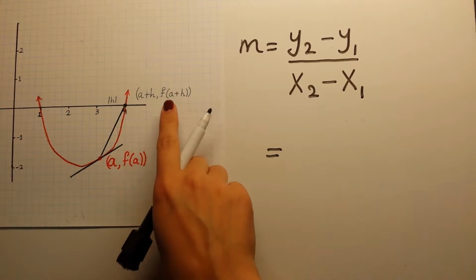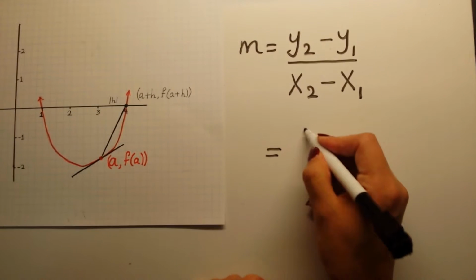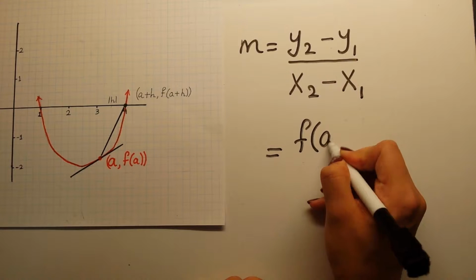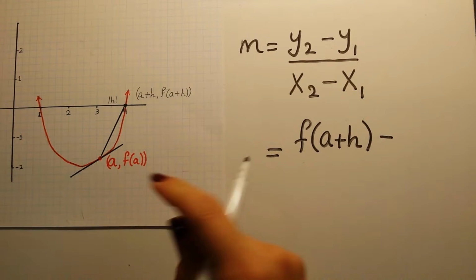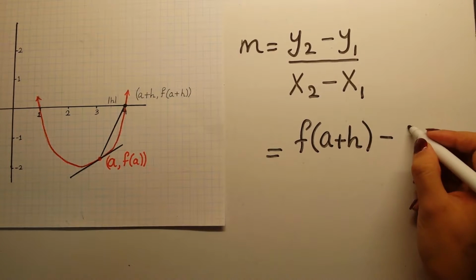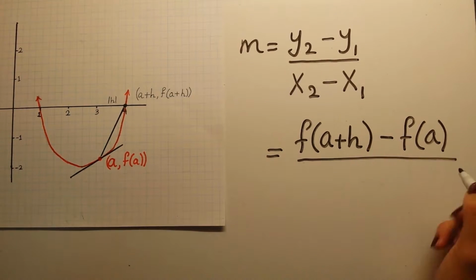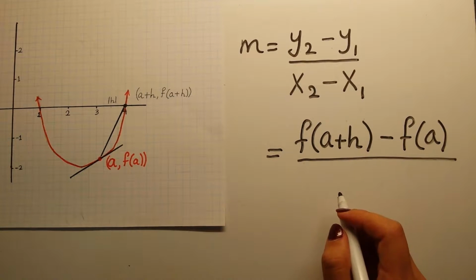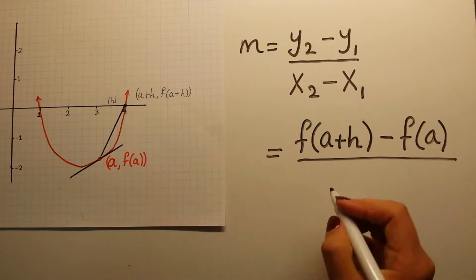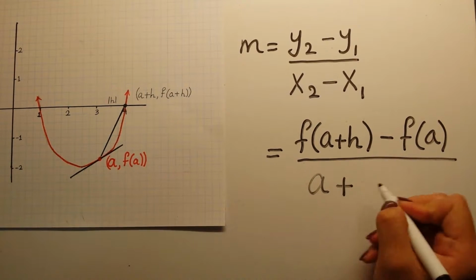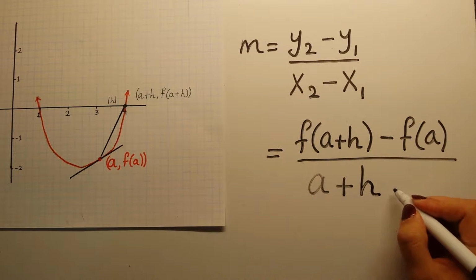So my y2 is simply the y value of my second point, which is f of a plus h, and the y value of my initial point, which is f of a. I'm just substituting, and then the same happens for the x values. So the x value of my second point is a plus h, and the x value of my first point is a.